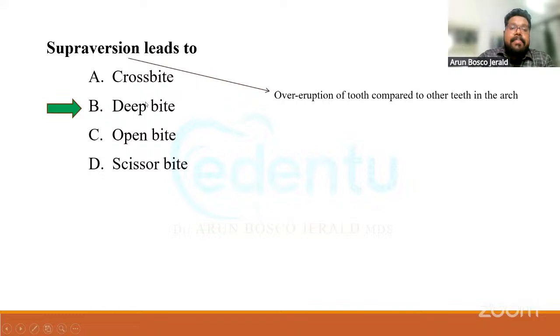Now about deep bite: I'll tell once again, supraversion of upper and lower anteriors, or upper or lower anteriors, can lead to over-eruption or supraversion, which creates an increased overbite. So supraversion can lead to deep bite.